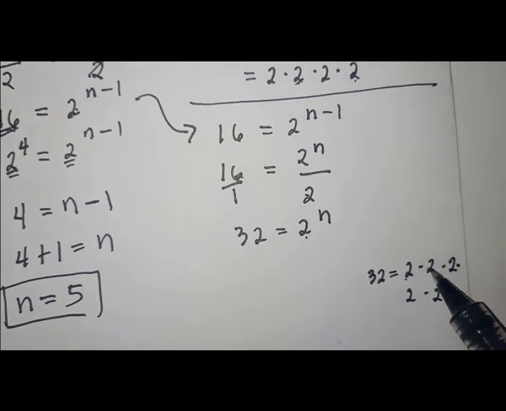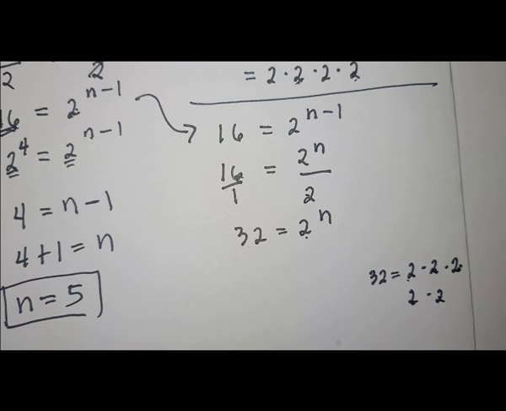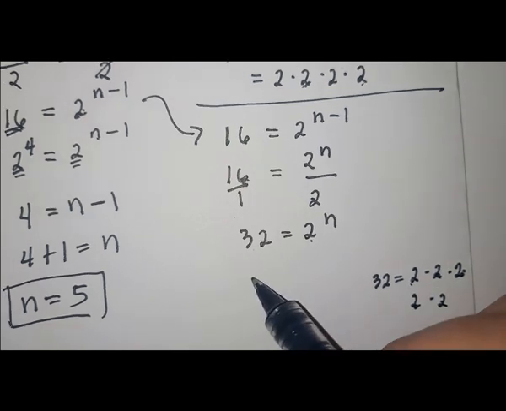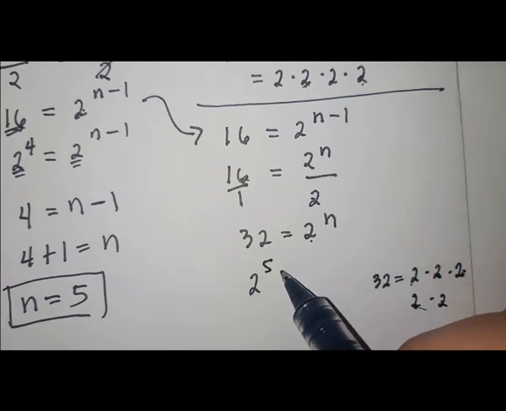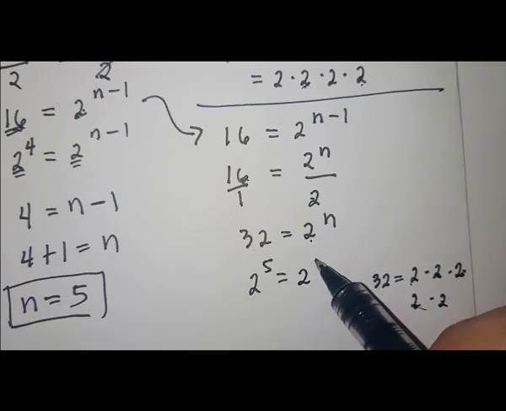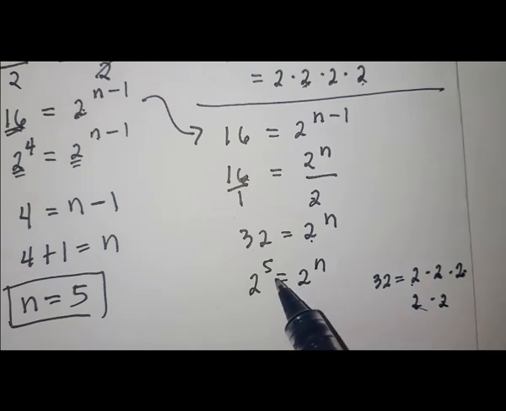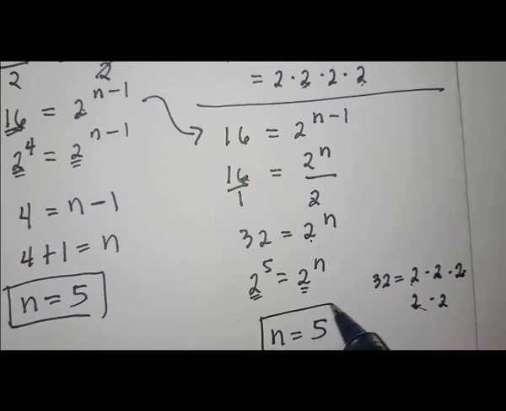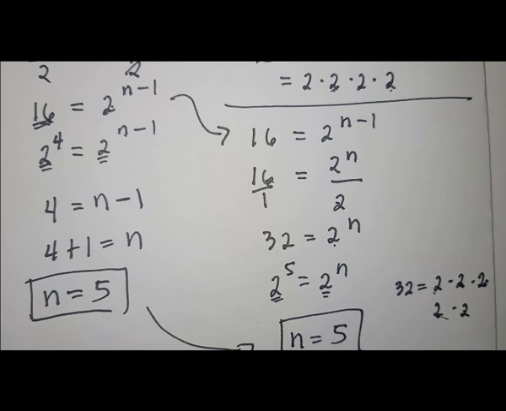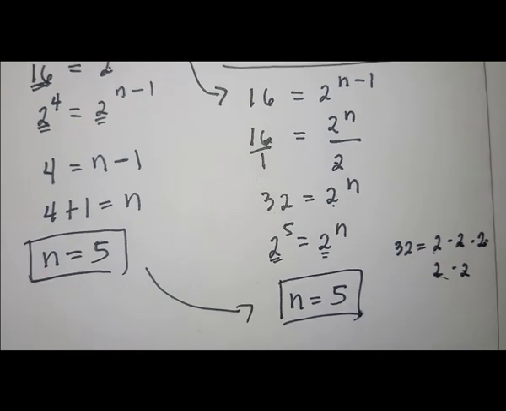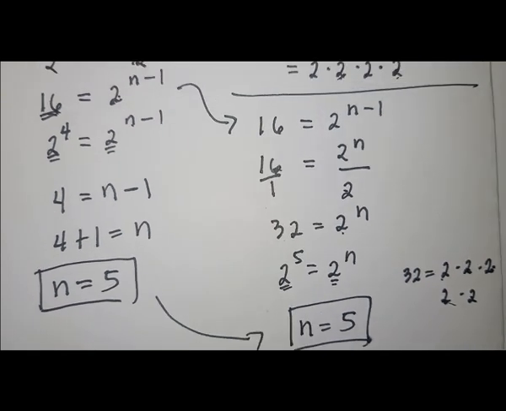So, 2 times 2, 4 times 2, 8 times 2, 16 times 2, 32. Ibig sabihin, ito ay 2 raised to 5. Ilang 2 yan? So, meron tayong 5 equals n. Therefore, same base na tayo. Okay? N is equal to 5. Nakikita natin, parehas lang sila ng result. Okay? So, kahit alin sa dalawang method, pwede nyong gamitin.